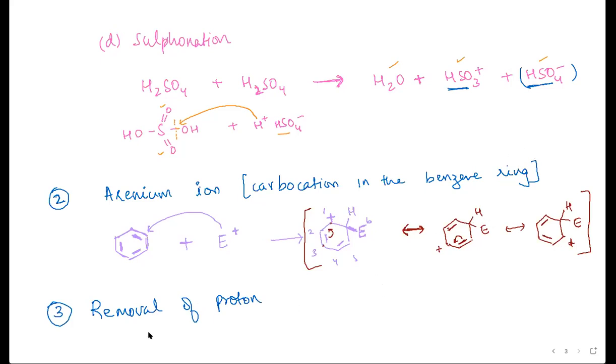So what happens here is you've got your arenium ion, you've got your positive charge, H, and the electrophile. Then the anion from the reaction mixture, so it is either AlCl4 minus or your HSO4 minus.